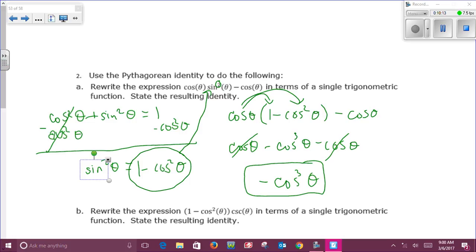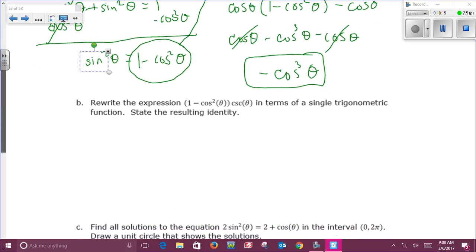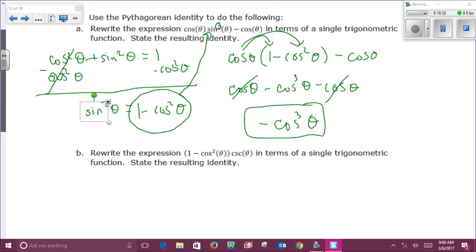All right. Rewrite the expression 1 minus cosine squared theta times cosecant theta in terms of a single trigonometric function. Well, cosecant theta can only be written in terms of sine, so this is all sine. And from the problem up above, we already know that 1 minus cosine squared theta is sine squared theta.